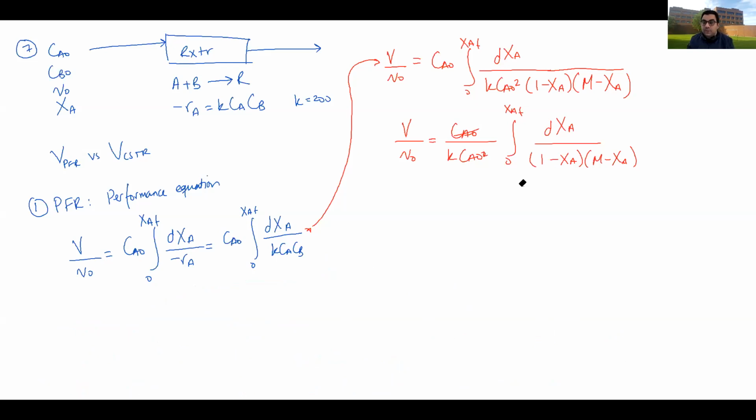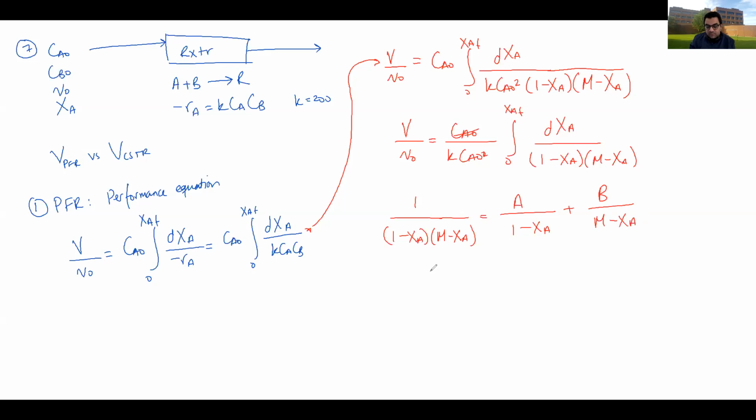Okay, sorry. So I need to split this fraction. I have 1 over 1 minus XA into M minus XA, and I'm going to split it into A over 1 minus XA plus B over M minus XA.